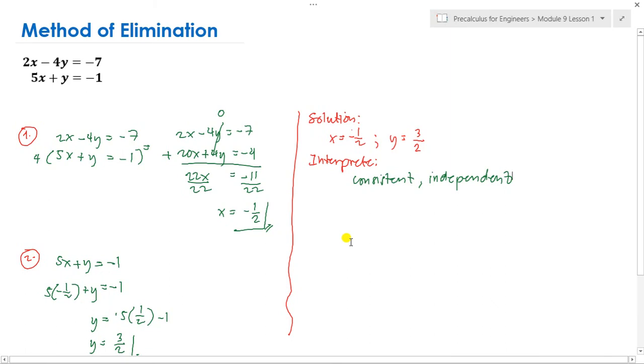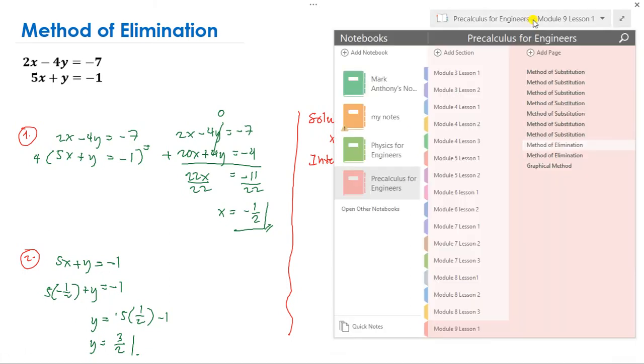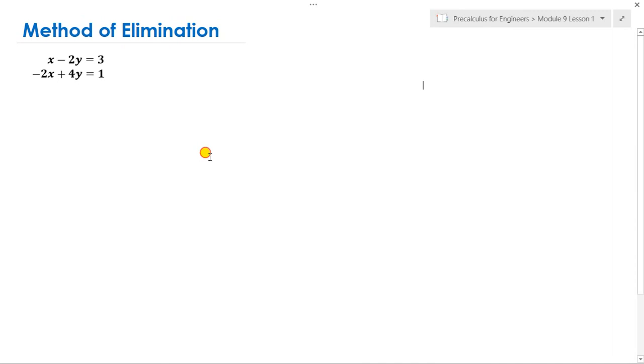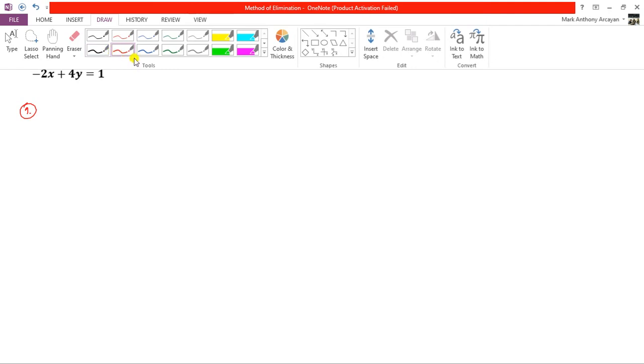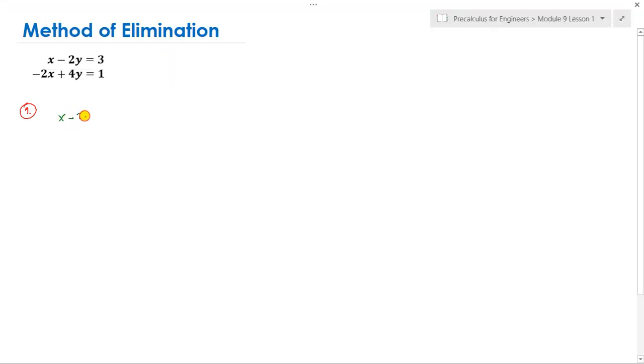So that works, and let's go to the second example for the method of elimination. Again, the first step is to list the two equations. So we have x minus 2y is equal to 3, then negative 2x plus 4y is equal to 1.